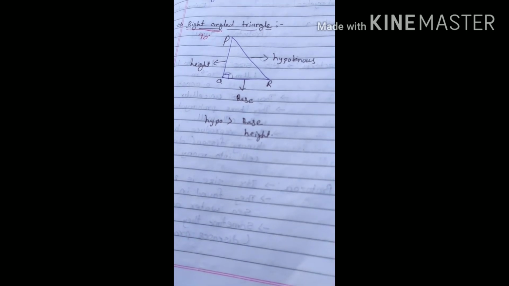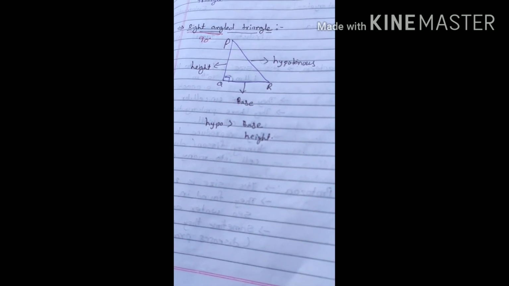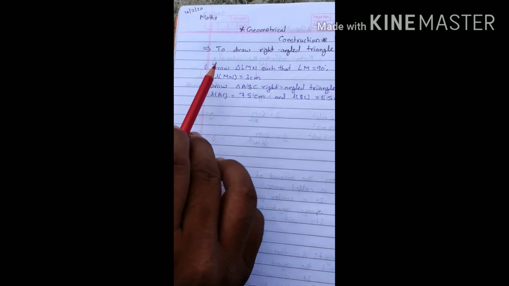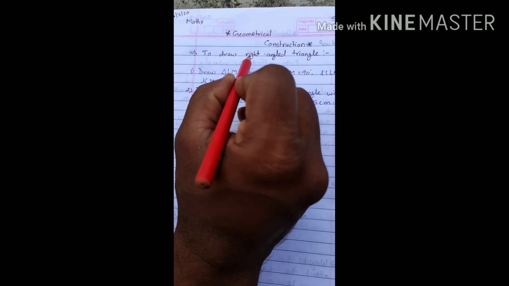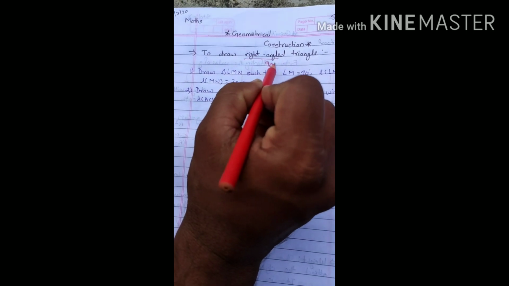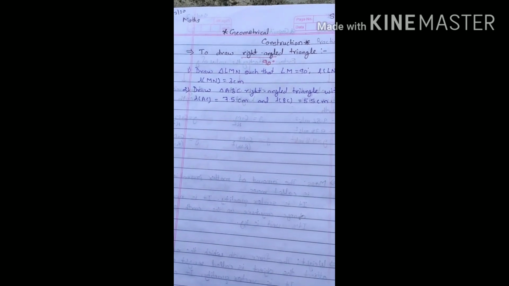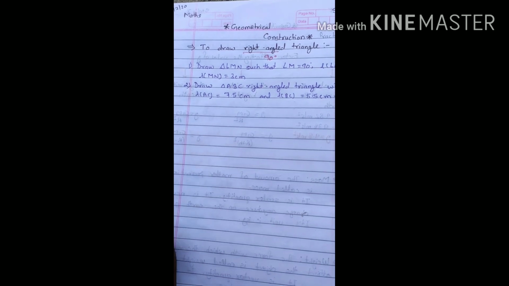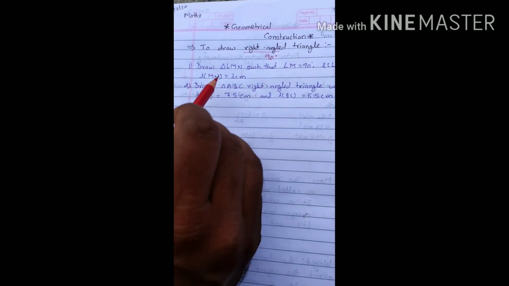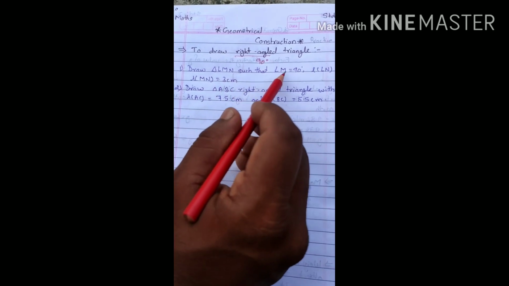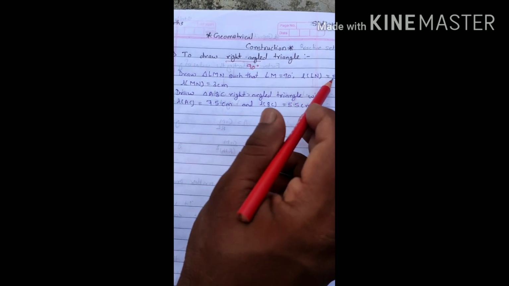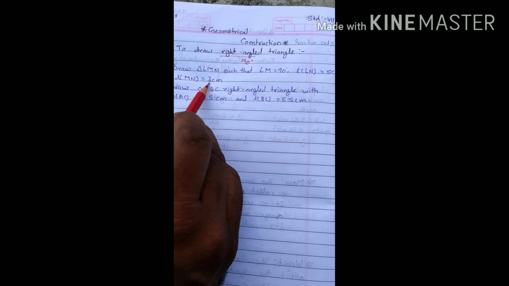Now we do the fair construction of right angle triangle. Here also again right angle is there, that means we have to draw the 90 degrees. In questions, there are two types of question. For example, draw triangle LMN such that angle M is 90 degrees, LN is 5 cm, MN is 3 cm.